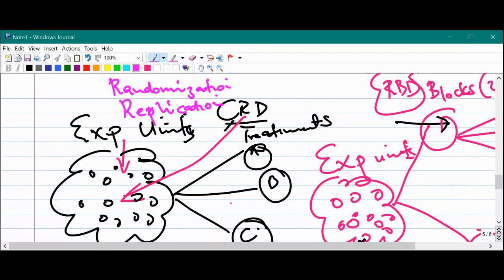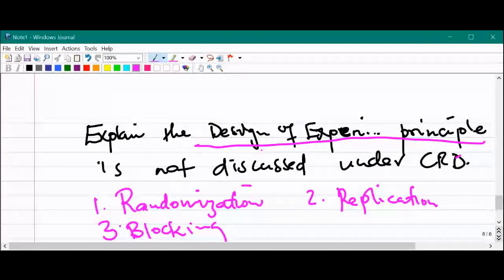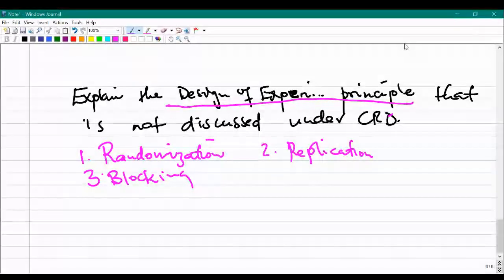But I didn't say define the 3 basic principles. I said explain the design of experiment principle that is not discussed under CRD. What was I looking for, guys? What were you supposed to explain? Blocking.